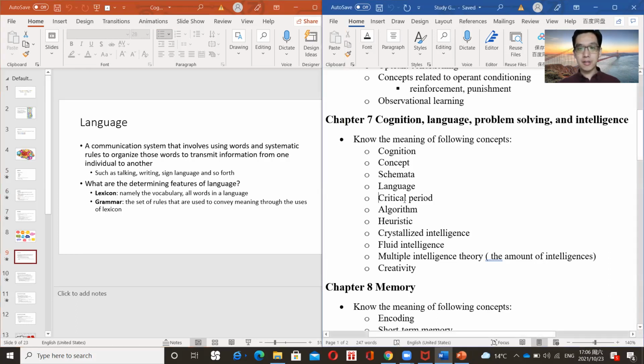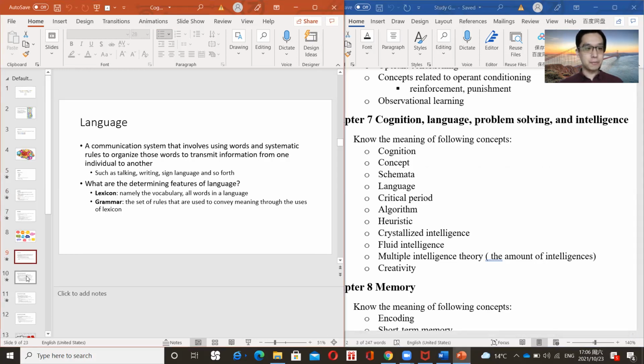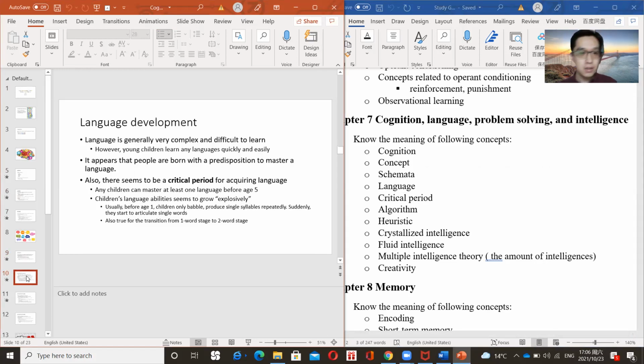And another concept is critical period. Critical period happens in the process of language development. When people start to learn language, develop their language skills, there seems to be a critical period, because they found that any children can learn and master any language before age 5.